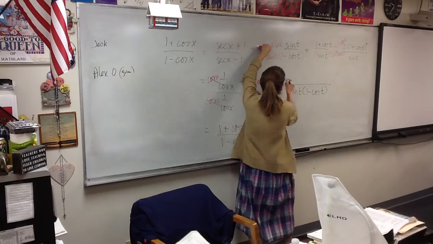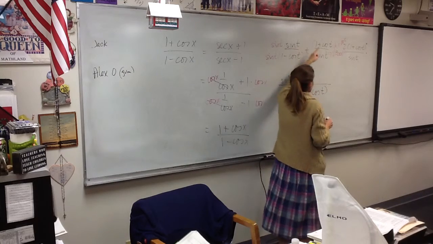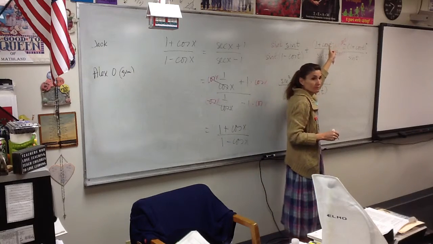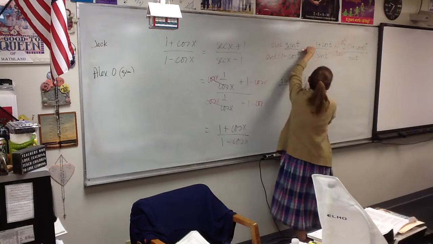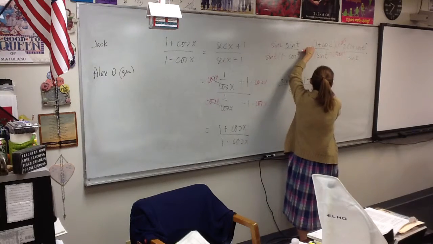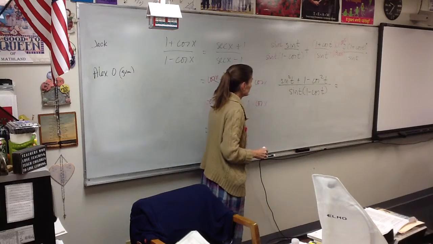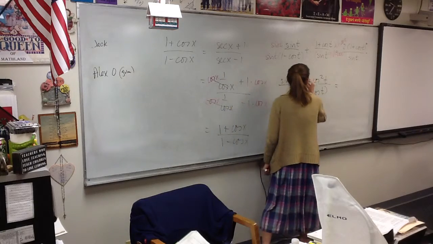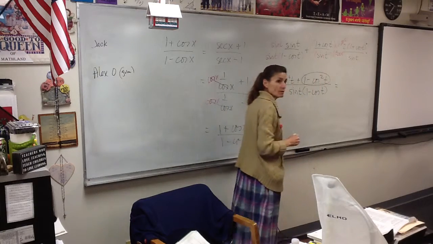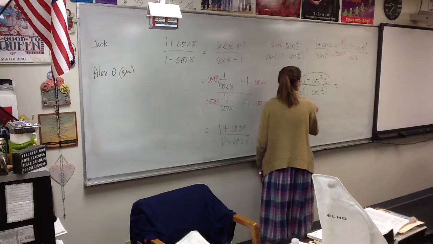Okie dokie. So up here you had sine squared. And here, now what are we going to do here? You FOIL it. So that's going to give me 1 minus cosine squared, basically. And then the 1 minus cosine squared is sine squared. So this makes the sine squared. So you basically have 2 sine squared on the top.